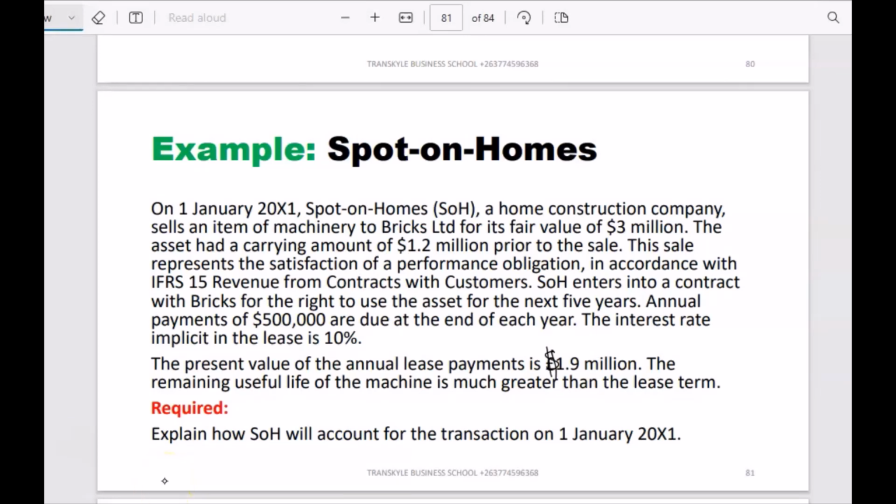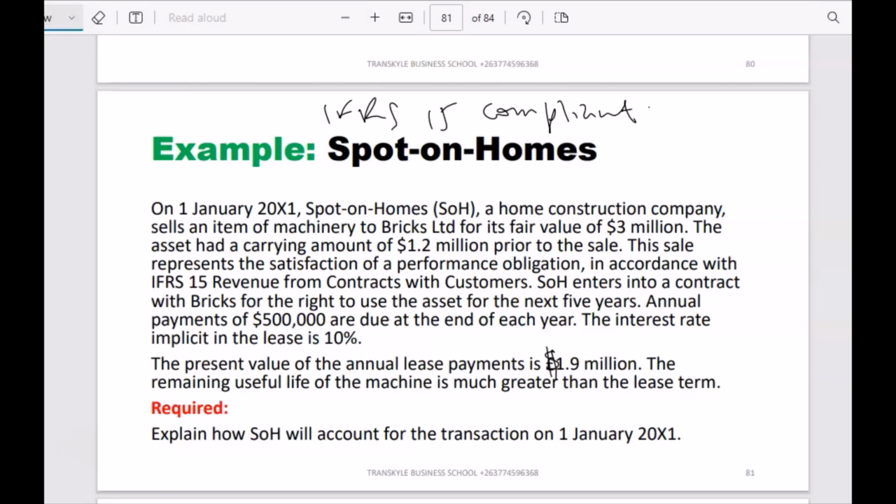The sale satisfies IFRS 15. This is IFRS 15 compliant, which means the sale was actually a real sale. Which means Spot on Homes should derecognize the asset from its books, and they then have to recognize a right-of-use asset.